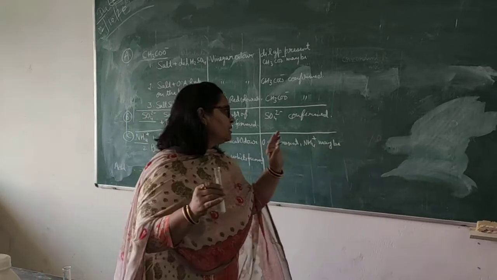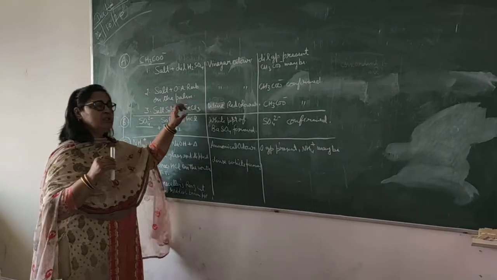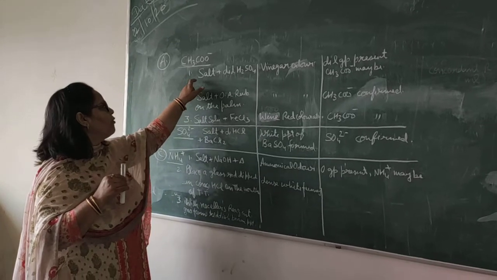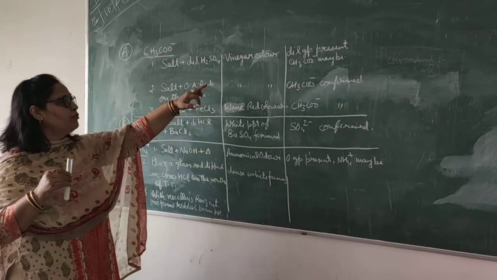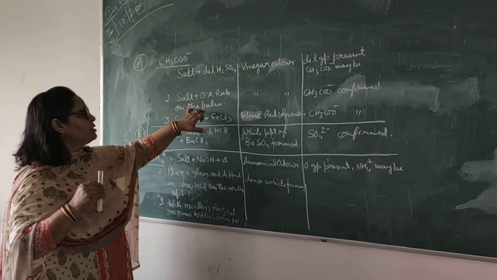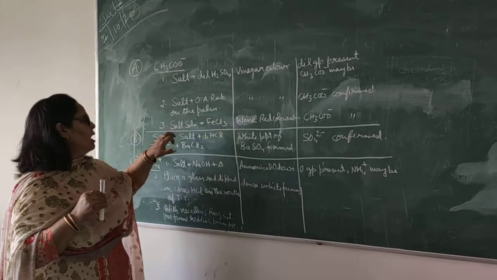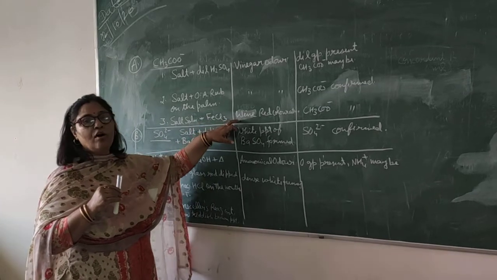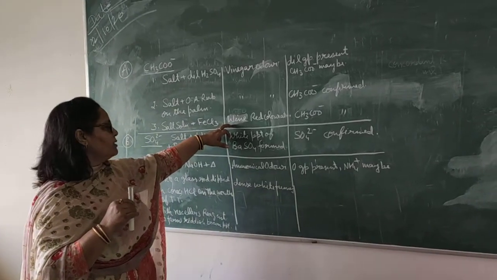So these are the tests which we perform for acetate: salt plus dilute H2SO4, vinegar odor; then salt plus oxalic acid, rub on the palm; and third, salt solution plus ferric chloride, wine red color of ferric acetate appears.